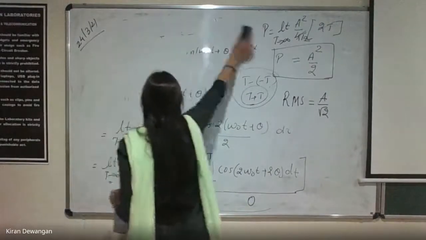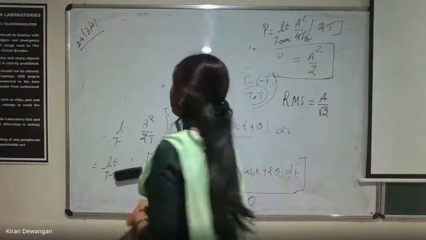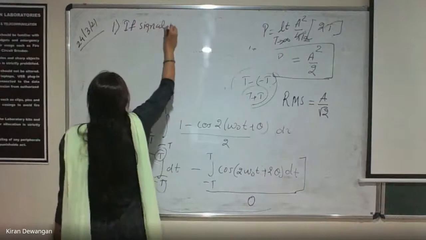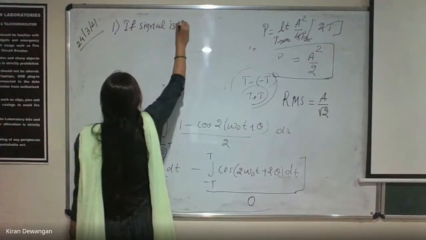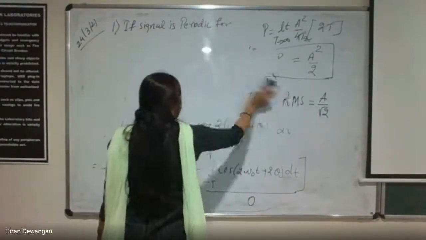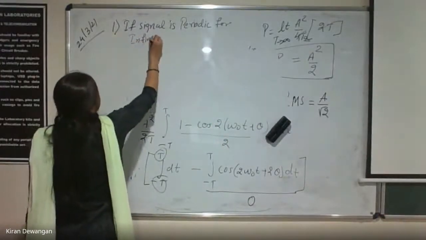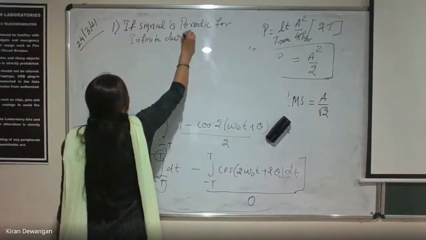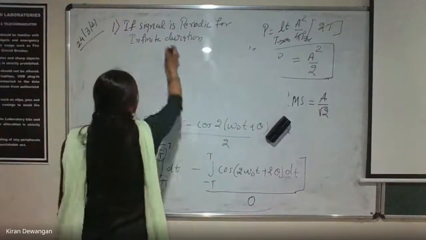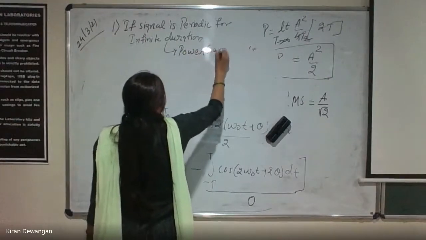If the signal is periodic, अगर periodic है, तो in that case, and if it is of infinite duration, the first point: if signal is periodic for infinite duration, then it can be a power signal. ठीक है?